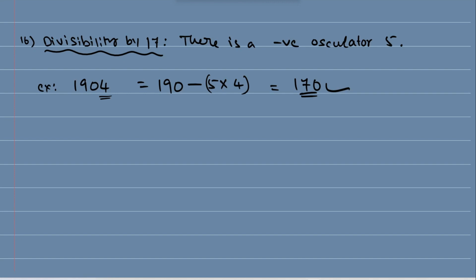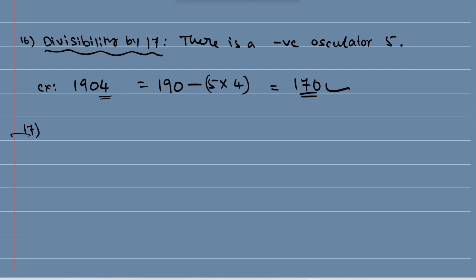For the easy one. The only thing you have to remember is the concept of oscillator for difficult ones like 7, 13, and here 17.